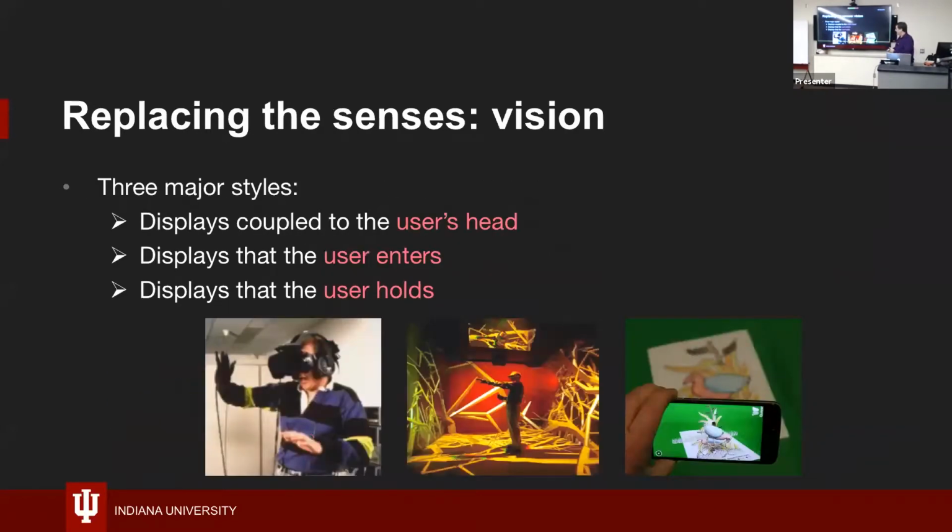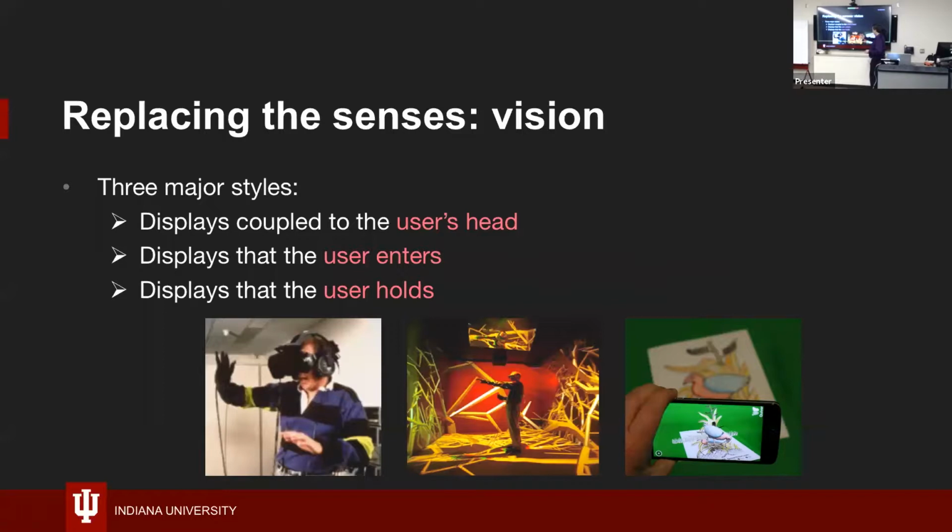The last refresher topic is that there are 3 classical styles of virtual reality and augmented reality. The one that everybody thinks about today, and that we focus on a lot because it's more consumer based, is the head-mounted display style, where the displays are attached to the head.